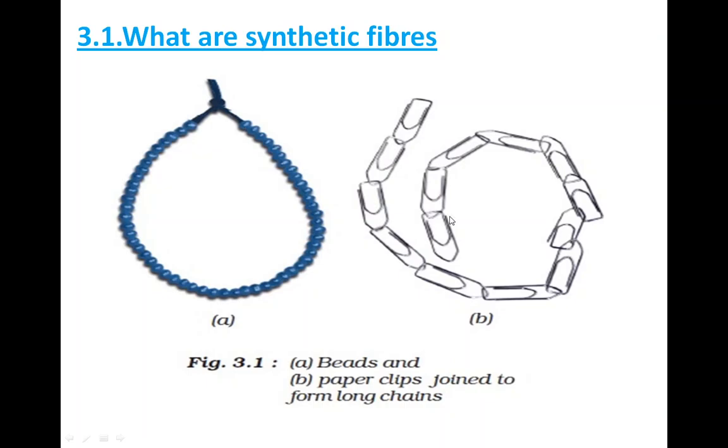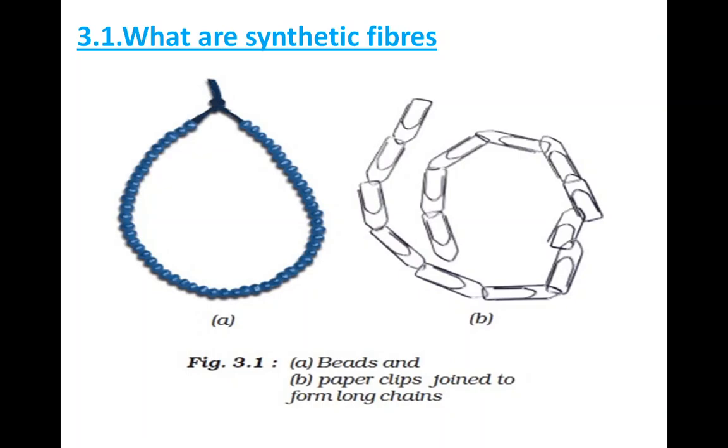The fibers which are made by human beings and also a chain of small units which we are joining together and making a large chain is known as synthetic fiber. Also, we can say in different words that small units combined to form a large single unit is known as polymer.